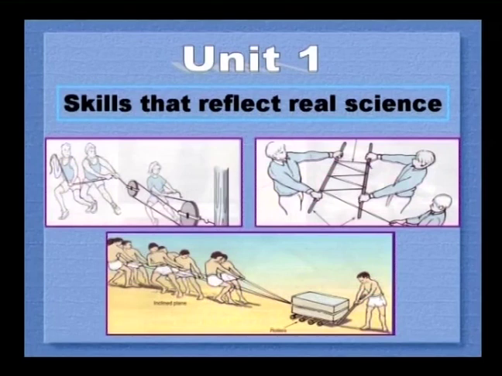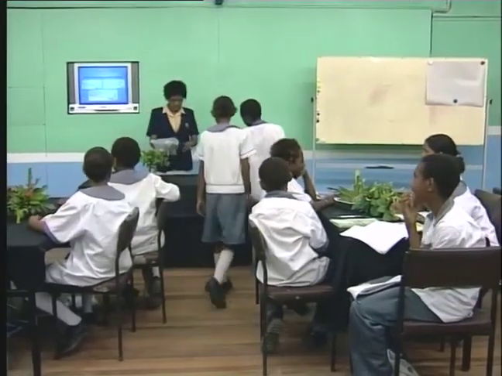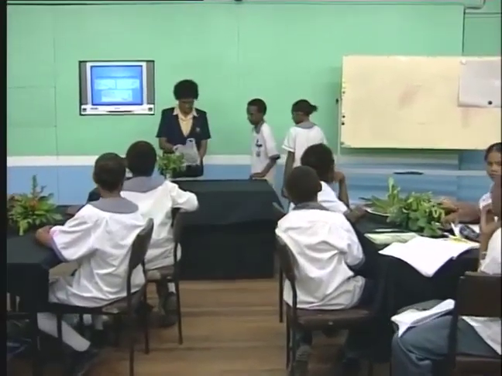Thank you. Now, I'd like the class and the receiving students to observe as I get two students to do something for me. If I can have Momoru and Joshua, please. Come around this way.